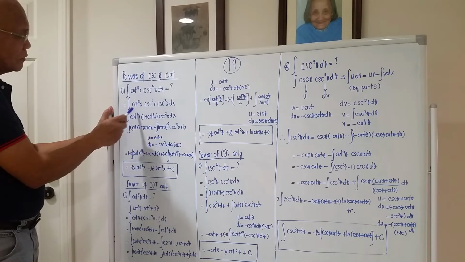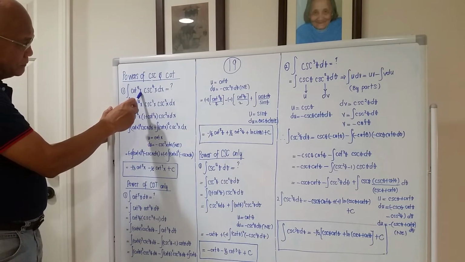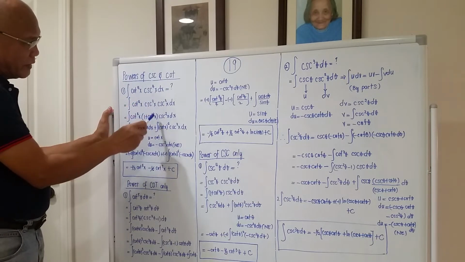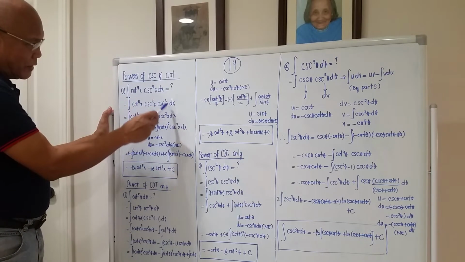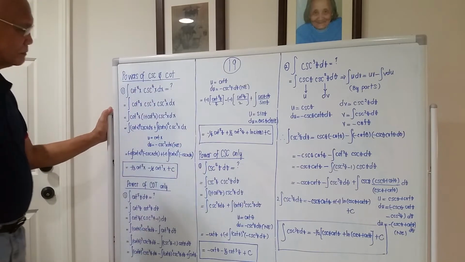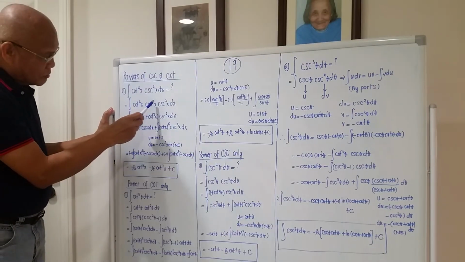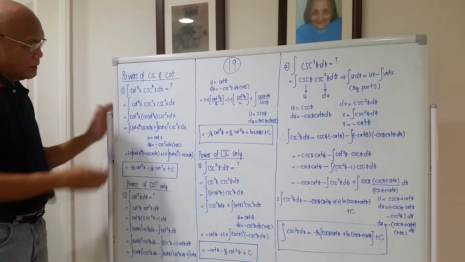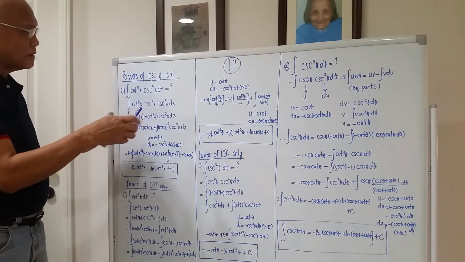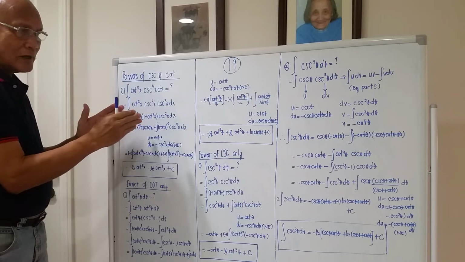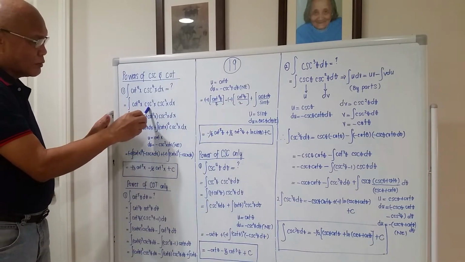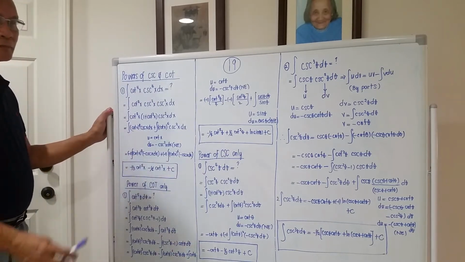This should be equal to cotangent to the fourth, cosecant square of x dx. This is 2 plus 2 and this is equal to 4. We just expand the cosecant in terms of the two terms, cosecant square and cosecant square.